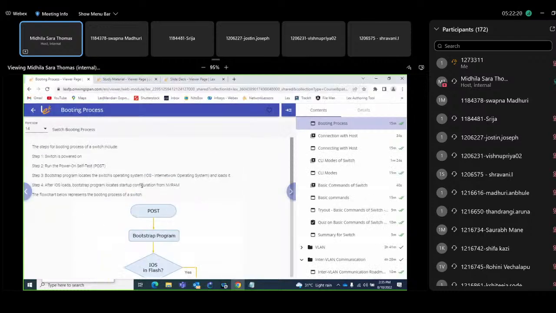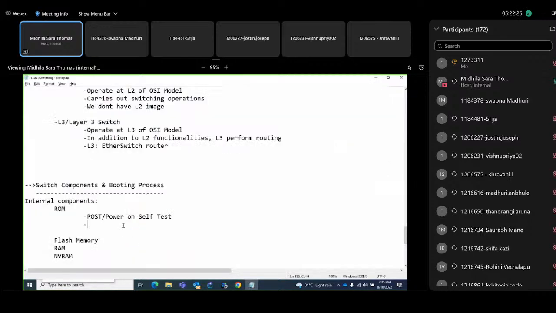After performing POST, what is the next step that ROM performs? Bootstrapping. What is the meaning of this, guys? When POST is successfully finalized, bootstrapping is enabled. What does it do? The operating system, you remember the IOS, Internetwork Operating System, Cisco IOS.